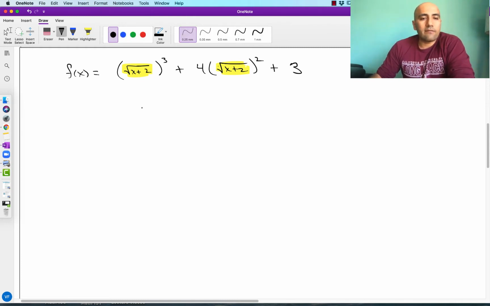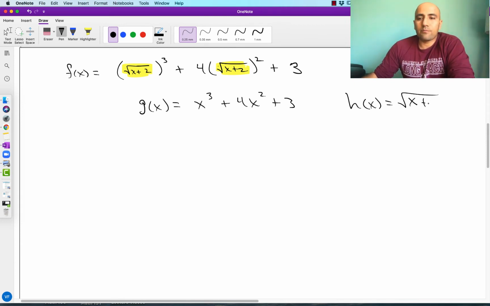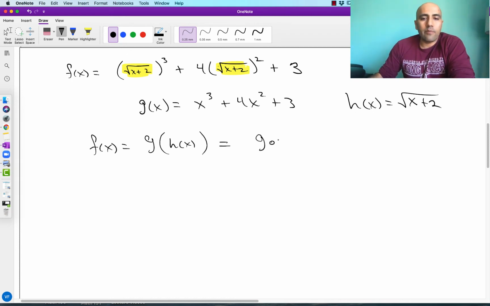So I can think of, for example, the outer function g of x as x cubed plus 4x squared plus 3. And the inside function h of x could be thought of as the square root of x plus 2. And so f of x is really equal to g evaluated at h of x, which is g composed with h.